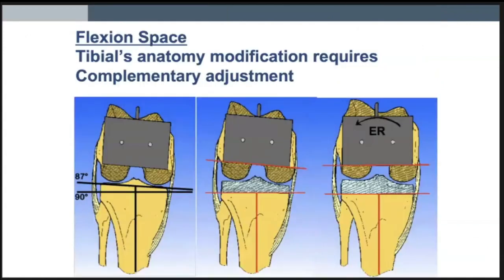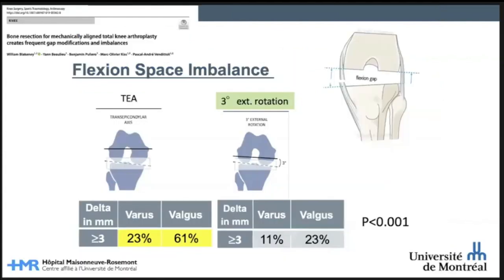replacement. In flexion, we know that to create a rectangular space with the tibial resection and posterior condyle resection, we need to apply some external rotation to the femoral component with mechanical alignment. In our study, again, we showed that very frequent imbalances above 3 millimeters were present when using the transepicondylar axis or the 3-degree external rotation as landmarks.